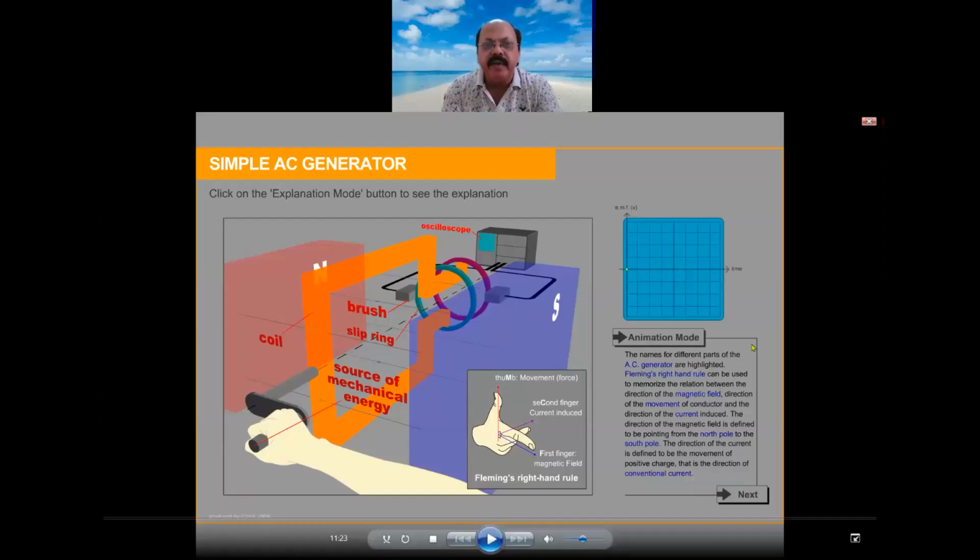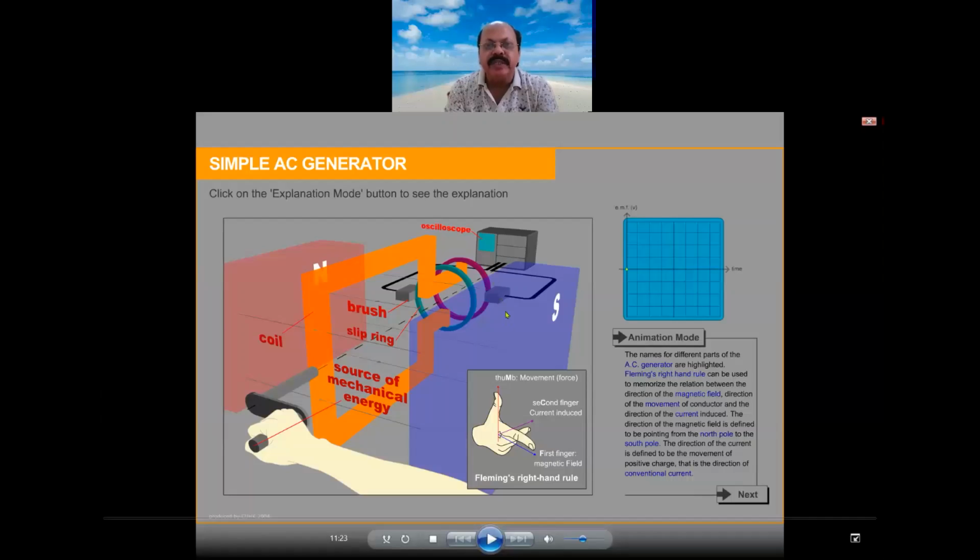So in the diagram you can see that there is a coil which is called the armature coil, and the ends of this armature coil are connected to the two slip rings, which are attached to the brushes and placed in the magnetic field produced by the two poles N and S of the horseshoe magnet.